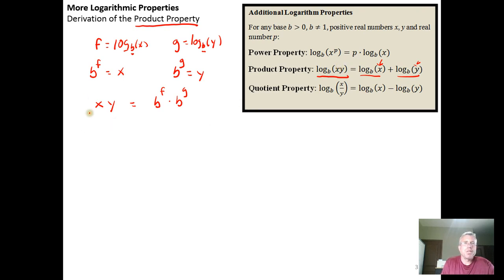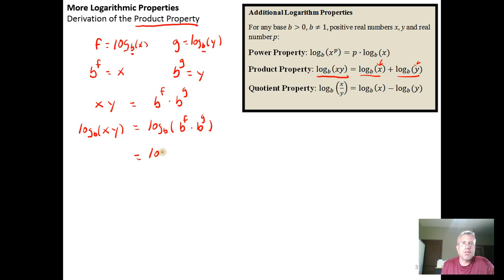So I might as well take log base b of both sides. So I'm going to make the left-hand side the input into the log function, and whatever I do to one side I need to do to the other. So I'm going to take the right-hand side and make it an input into the log function. And then I'm going to do a little bit of simplifying right here.